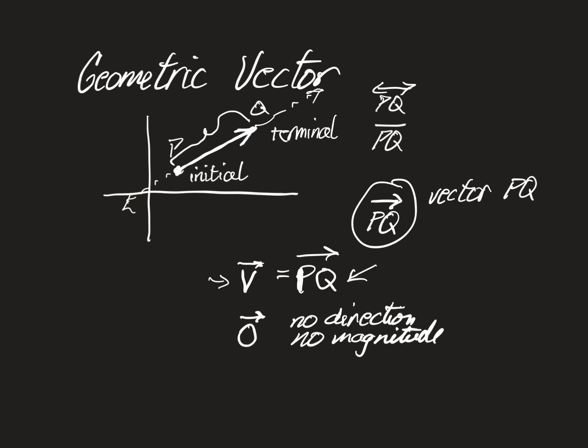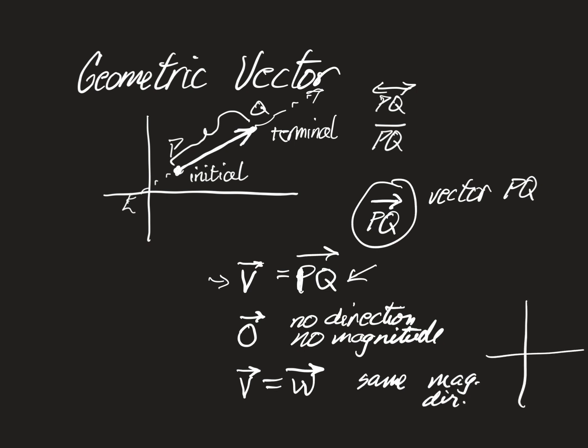Now, another thing that we say is 2 vectors are equal when they have the same magnitude and the same direction. So geometrically, here's a vector and here's a vector. Now notice they're in the same direction, and if they have the same magnitude, the same length, then those vectors are considered equal.